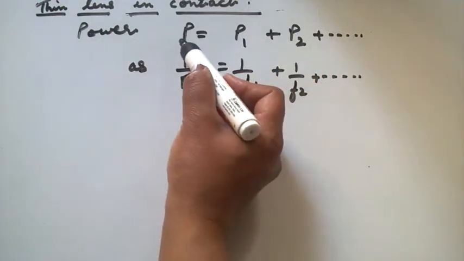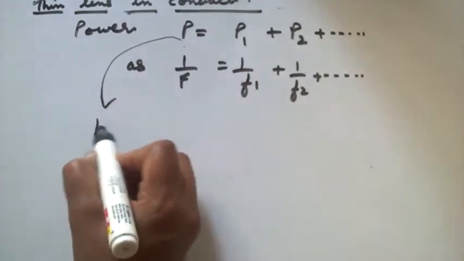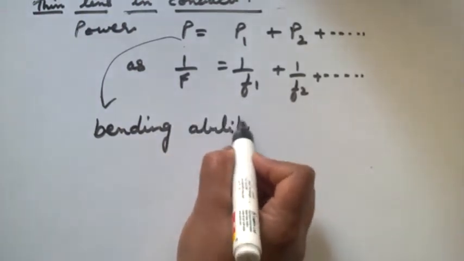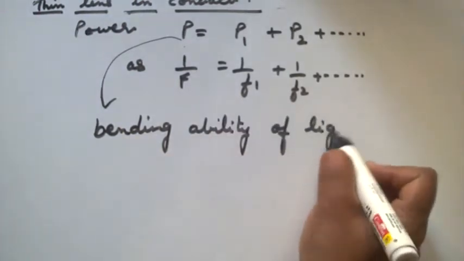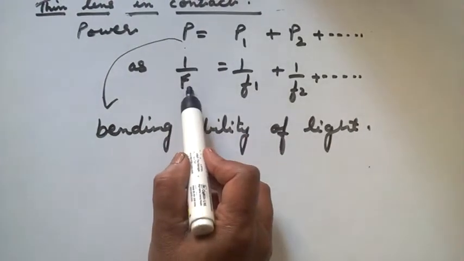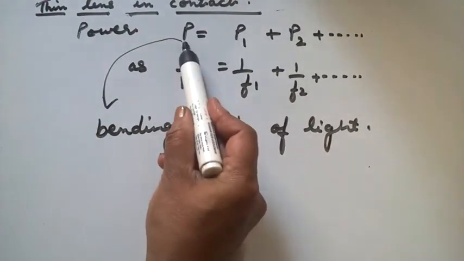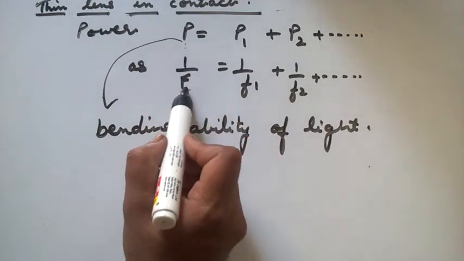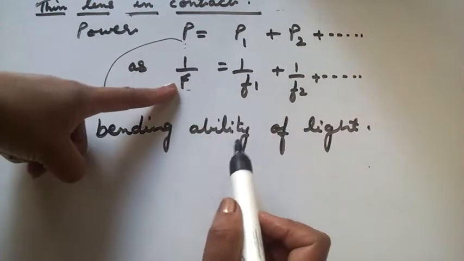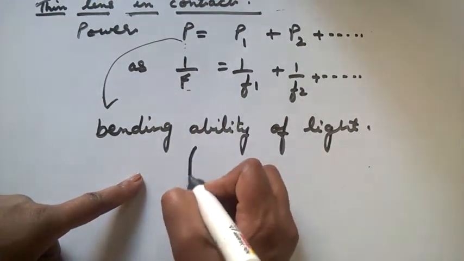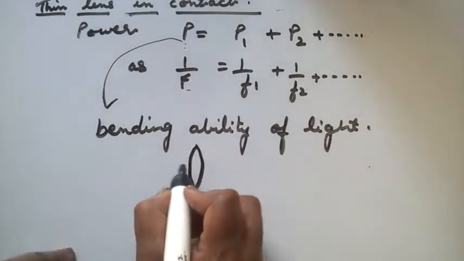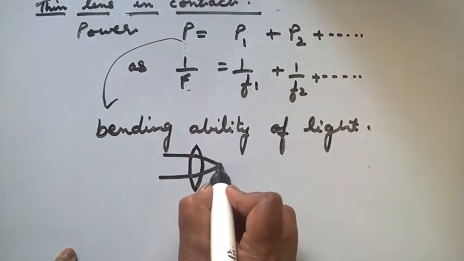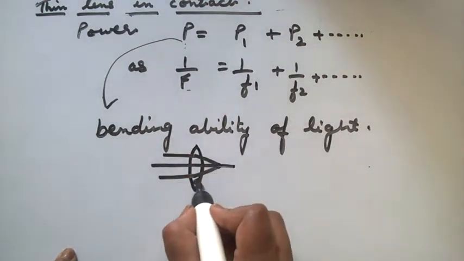We know that power is the bending ability of light. The shorter the focal length, the more will be its power. So the more the light will converge or diverge. If the focal length is less, let us suppose we are taking a convex lens, and after refraction the image is formed at this part, so its focal length is this f.